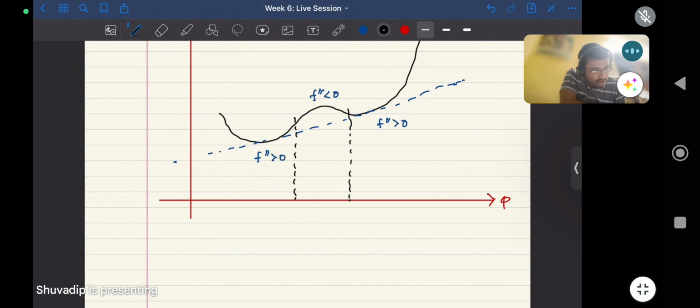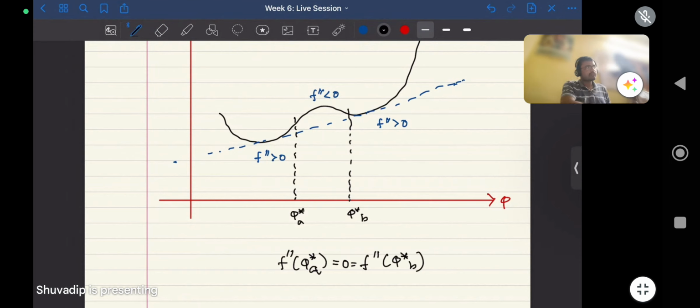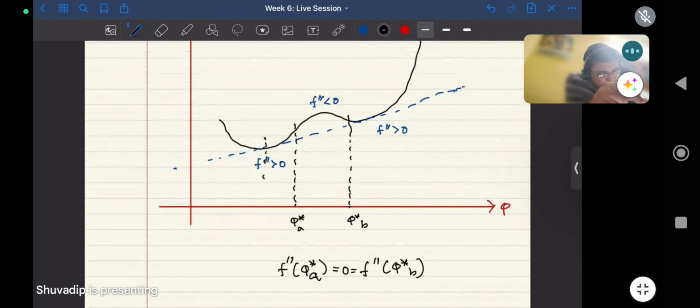Suppose this is phi star A, this is phi star B. These are points of inflection. Now suppose this is phi A, this is phi B.